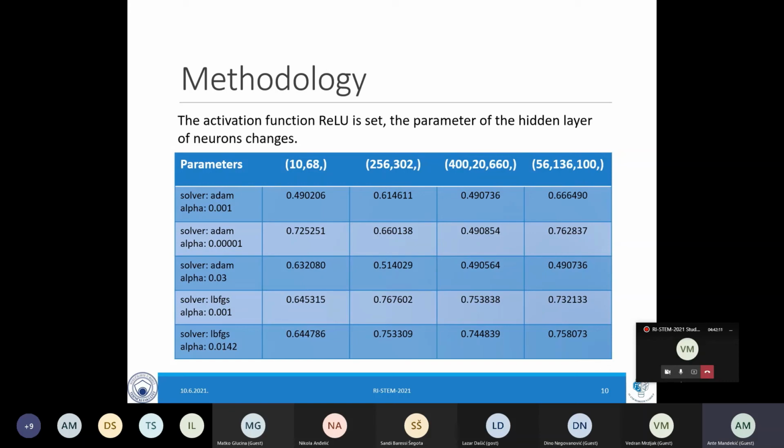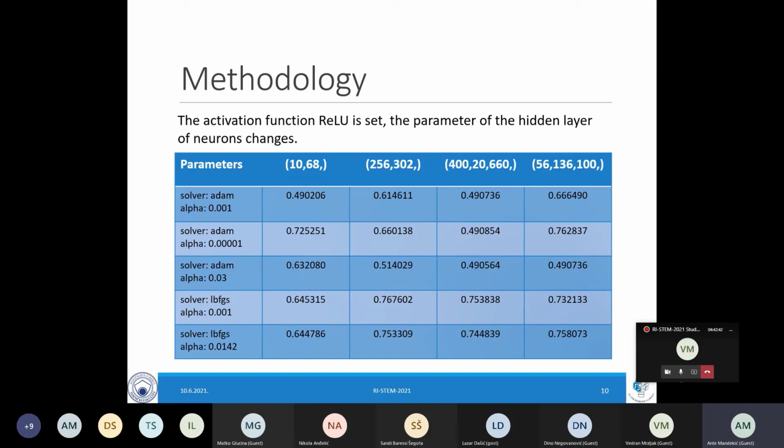In the next round of testing, we compared how hidden layers of neurons influence the result. As we look at the first row, the last parameter for hidden layers has the best results. But if we look at the third row, it's not the case. The first column has the best results. And if we look at the fourth row, the second column has the best results, and so on.